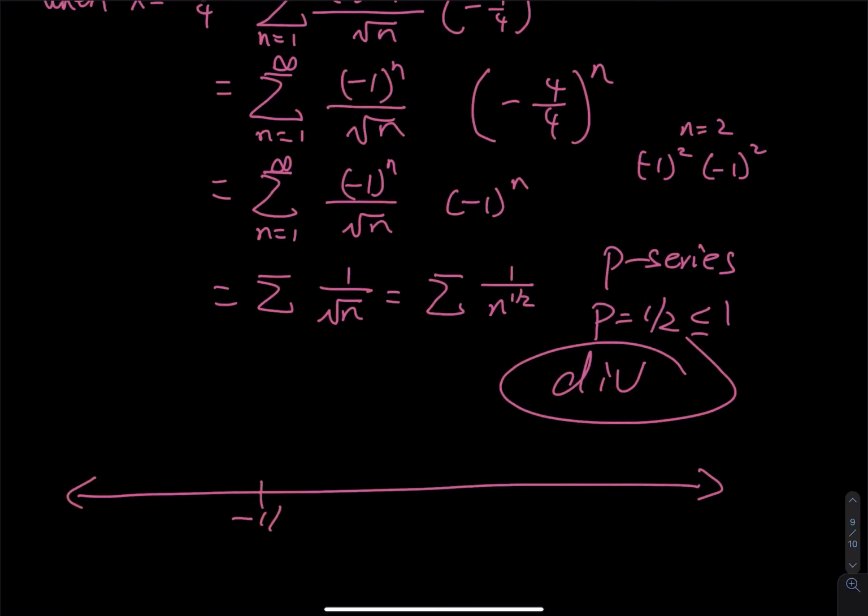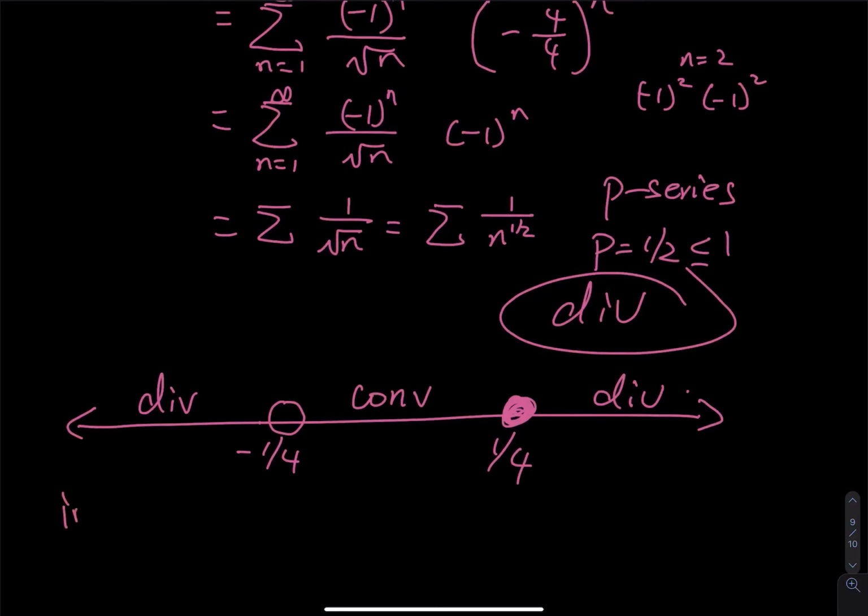Now let's draw a summary. Negative 1 over 4 and positive 1 over 4. Negative 1 over 4 is divergent, so we use an open circle. Positive 1 over 4 is convergent, so we use a solid circle. And then this is the interval of convergence, and outside of the interval, the power series is divergent.